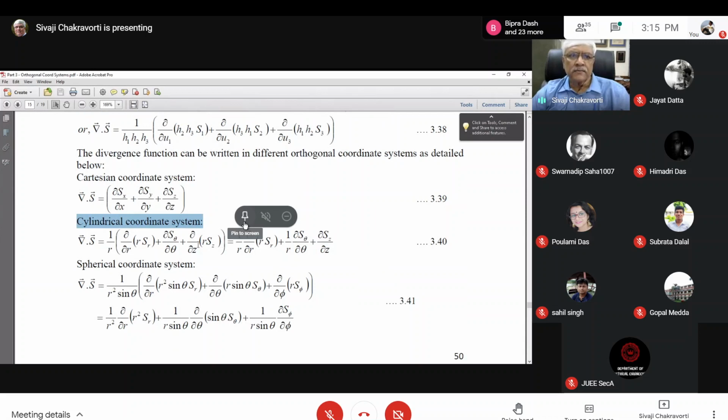If it is the spherical coordinate system, then h1, h2, h3 are 1, r, r sine theta; put them in and you get equation 3.41. Once again, if I just remember one equation, equation 3.38, I can write the divergence equation for any coordinate system.